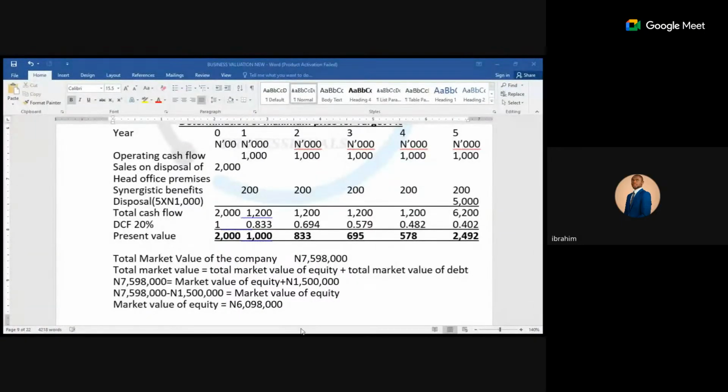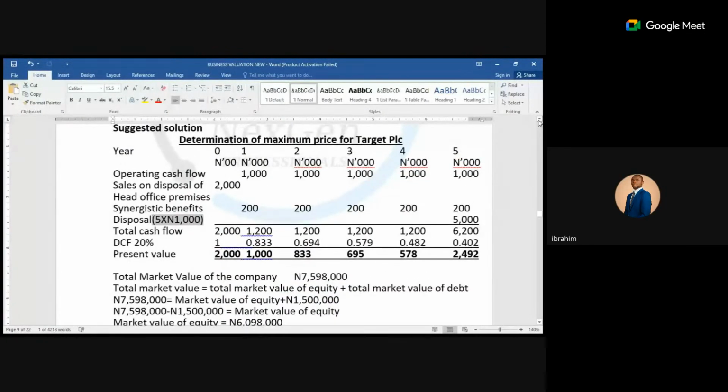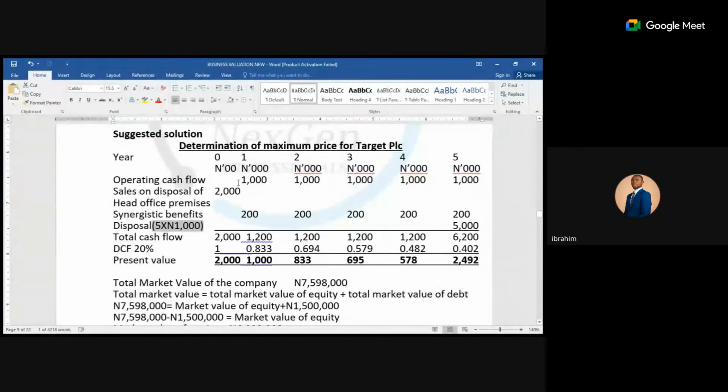This is it now. 5 times annual cash flow. And what is the annual cash flow? 1 million, right? I didn't add it up. Thank you.